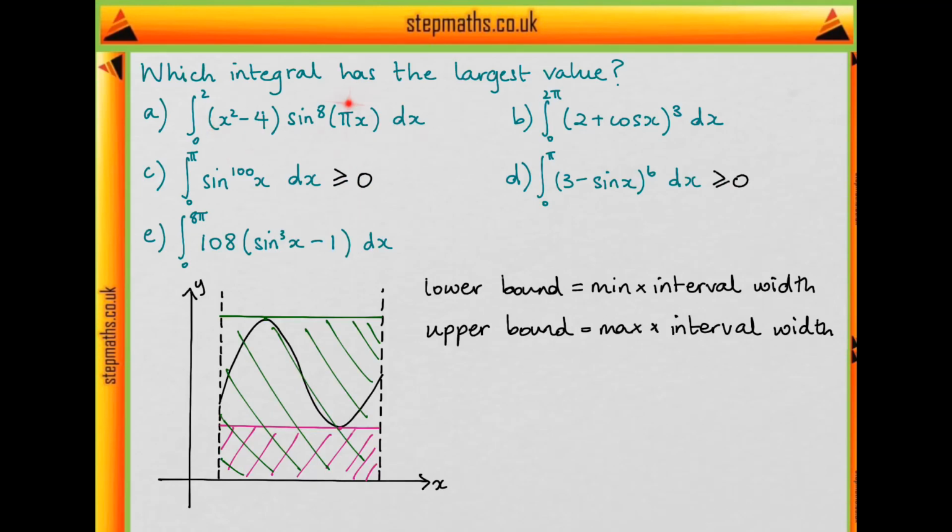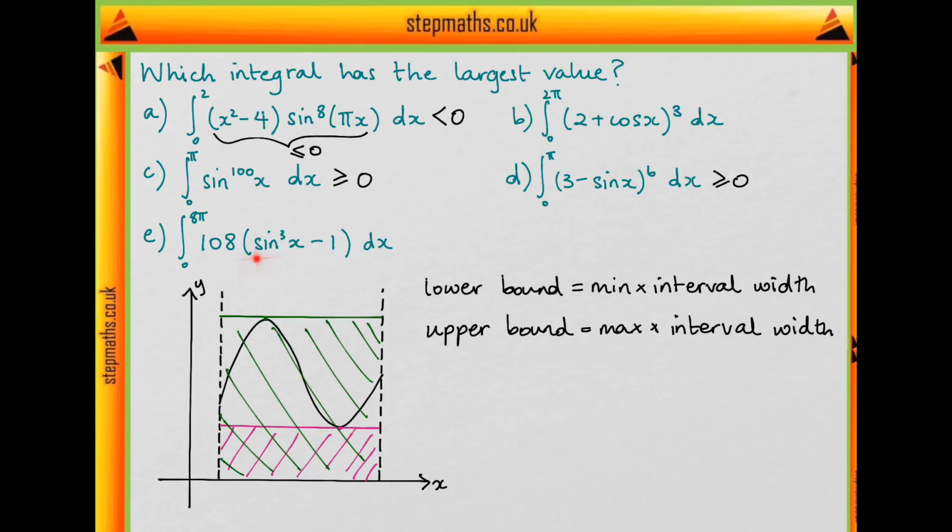But when we look at, for example, a, so sine to the 8 is always going to be greater than or equal to 0, but over the interval that we're looking at between 0 and 2, x squared minus 4 is going to be less than or equal to 0. Therefore, overall, what we're integrating over is going to be less than or equal to 0 everywhere within this interval, and so our integral itself is going to be negative.